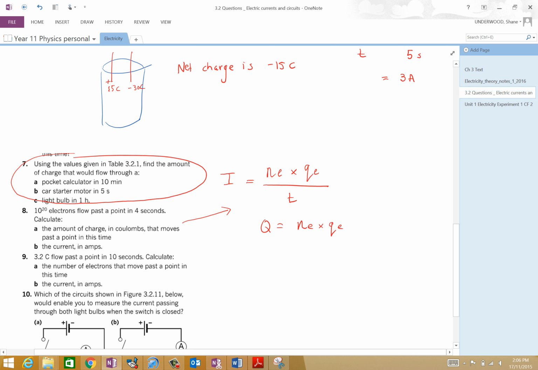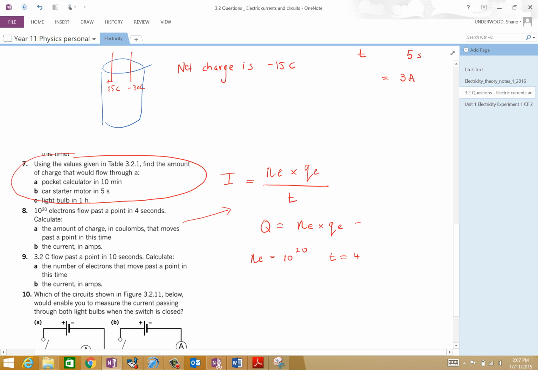Okay, so let's fill in the blanks. Write out what we know, please. We have 10 to the power of 20 electrons flowing past a point in 4 seconds. Calculate the amount of charge in coulombs that moves past a point in this time. Well, we don't need the time as such.